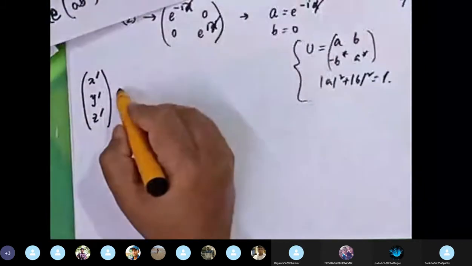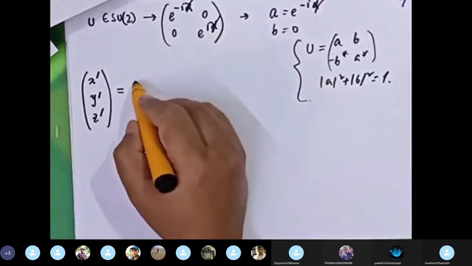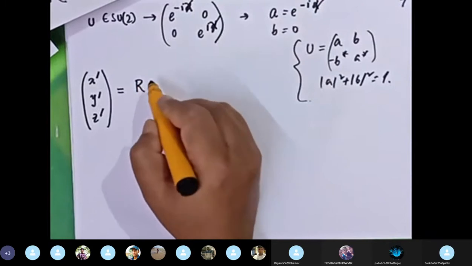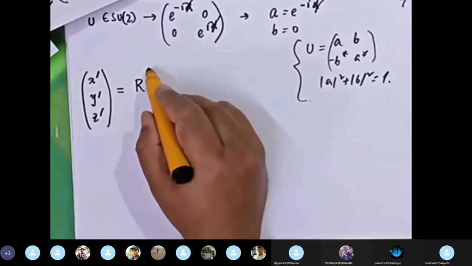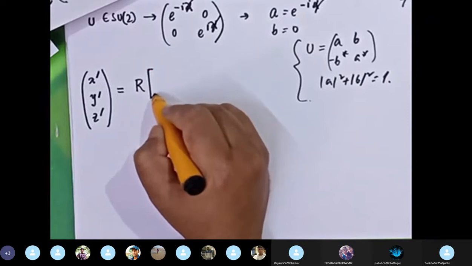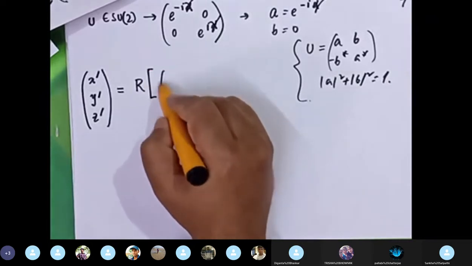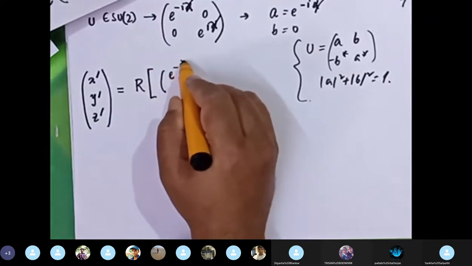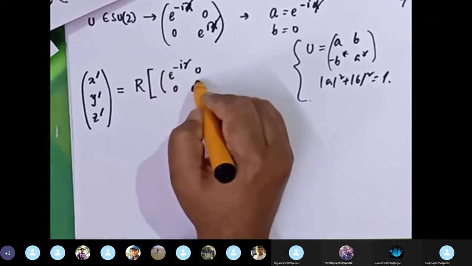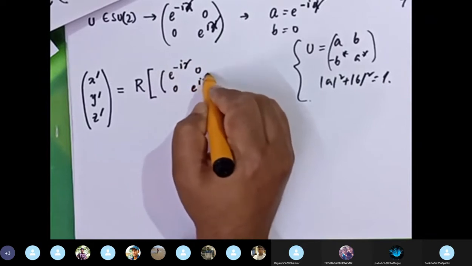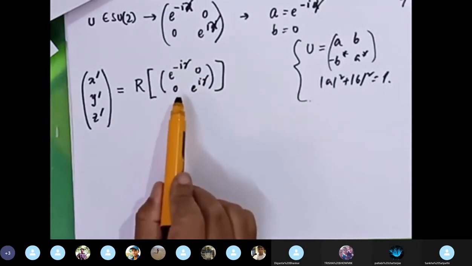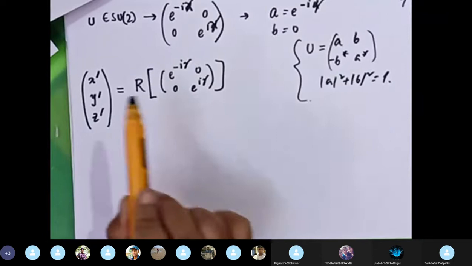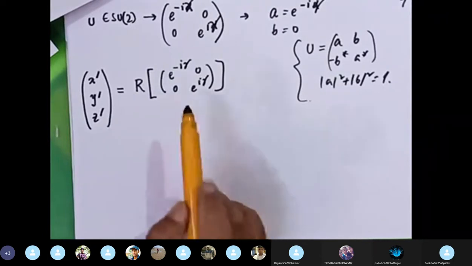So what is that matrix? I am writing this as R for this matrix. Clear? This is the argument of this matrix. So it is saying that if I choose this particular U, what will be the corresponding R? That is the notation.